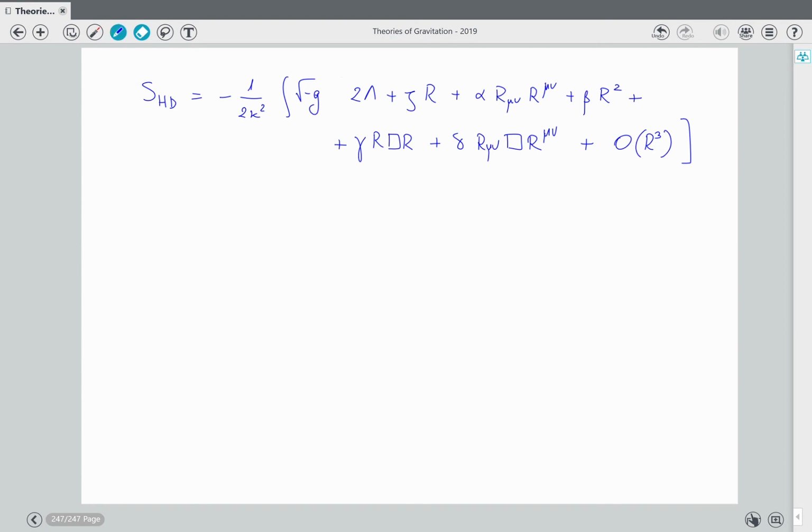So theories like these are super renormalizable. That means that the parameters have all strictly positive dimension. Kappa in particular has strictly positive dimension.